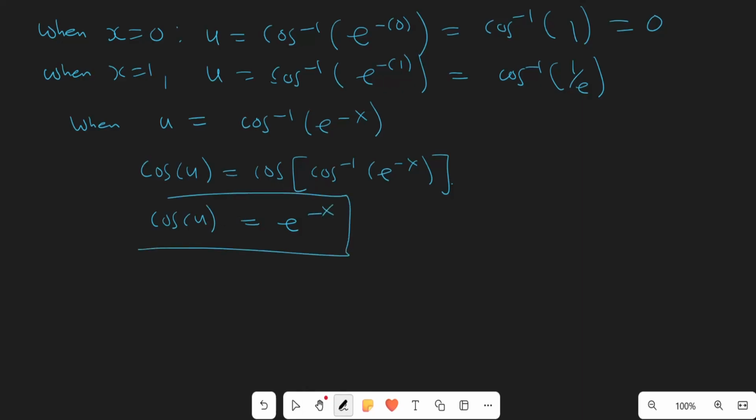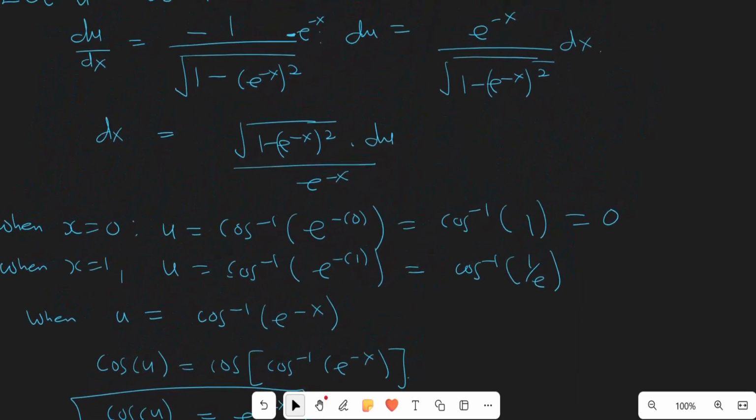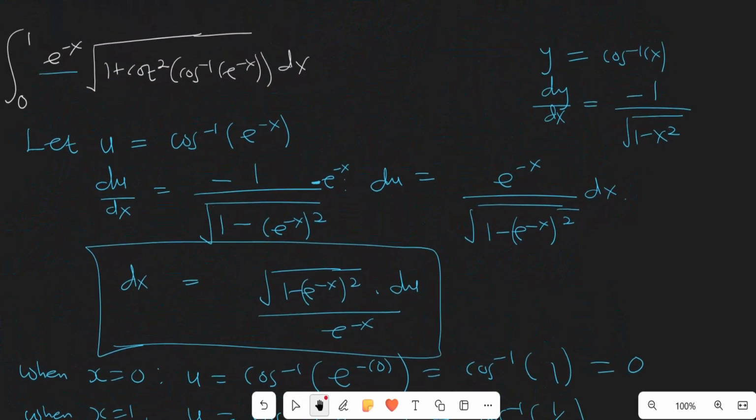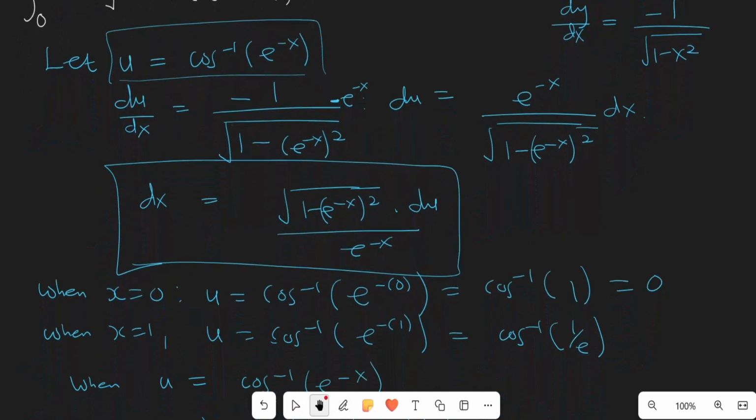So we have an expression for e to the negative x, which is cosine u. We have an expression for dx, which is here. So we can take everything from the x world into the u world.